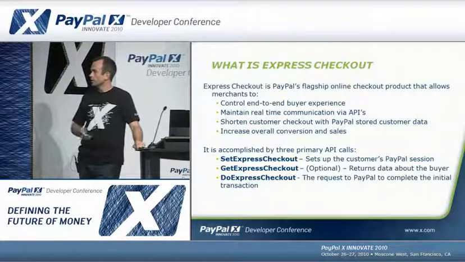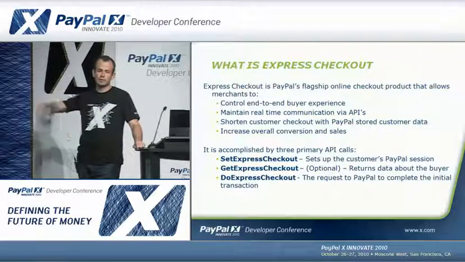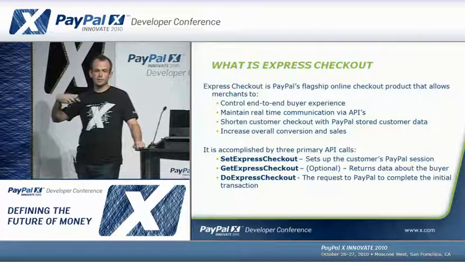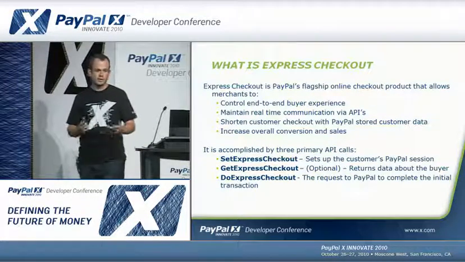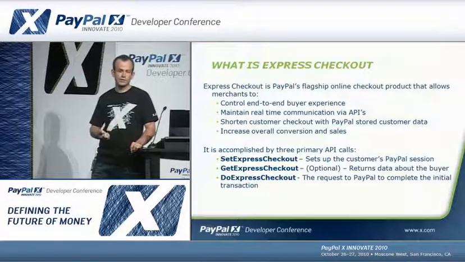It's also a way to give your customers the best experience with PayPal, because rather than just sending them off to PayPal to make the payment, you have control over them because they have to go authenticate and come back, review their payment, and then finish it. So you still have control of them rather than leaving them at PayPal. The Website Payments Standard product is great for our smaller merchants because it's so easy to set up.